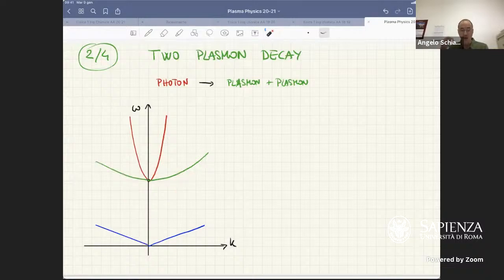Actually, working back, we have to sum up two plasmons that have to sit on the green curve. The sum of the two means that we need to have at least an omega of the laser which is twice the plasma frequency. And this will have actually a meaning.